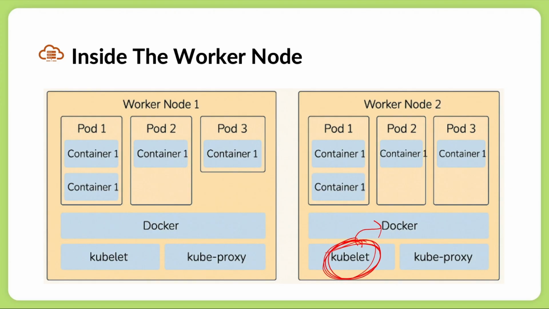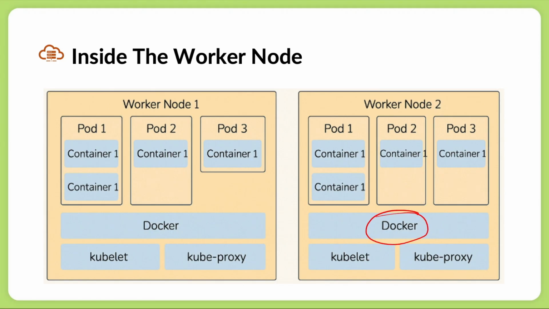If not running, or if it crashes, it restarts it, and all these reports are sent back to the control plane. So the kubelet is the main agent inside the worker node that does the heavy lifting of running the containers. Now next is Docker.